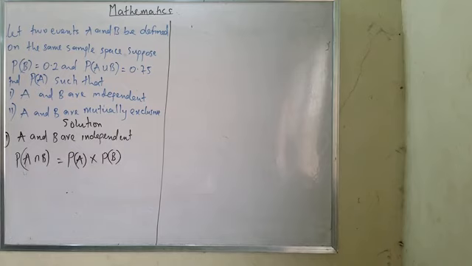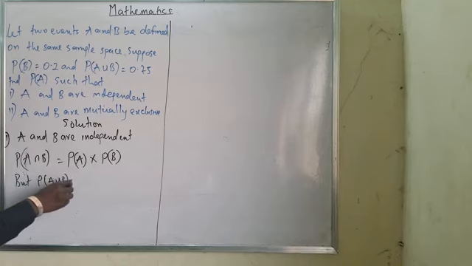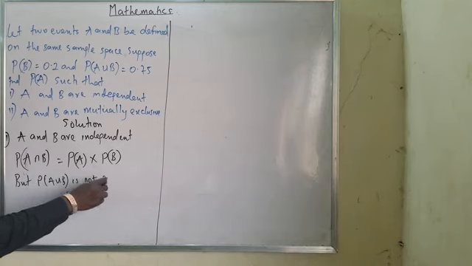I'm talking about independent events now, but the probability of A union B is not given.